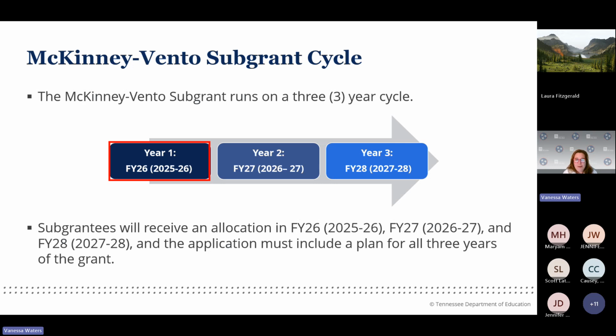And so it's something to consider when you're looking at your budgets, if you're looking at staffing, things like that. Each year may be a different amount, may go up or lower. It also depends on if districts decide that that was too much funding and they want to decrease, then we may have more money to distribute after year one. So there are things to consider when you're looking at the grant.